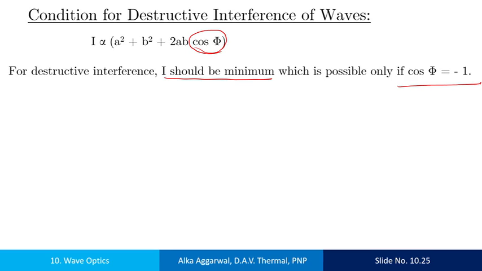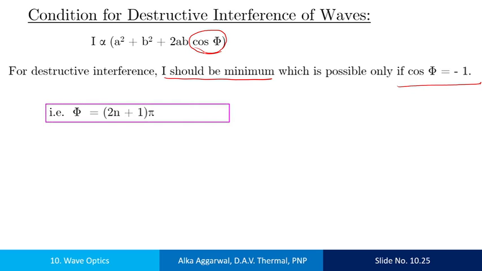That is, phi is equal to pi, 3 pi, 5 pi, 7 pi, and so on. If we put the value of n equals 0, then it is equal to pi. When n is 1, 3 pi, 5 pi, and so on. So when the phase difference is 2n plus 1 pi, then the condition is of destructive interference.